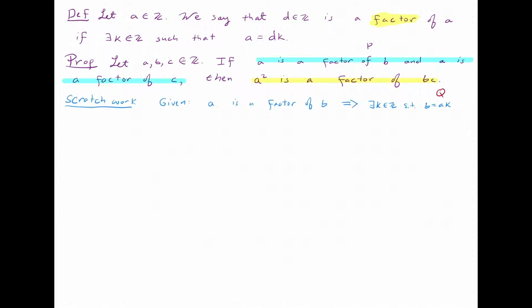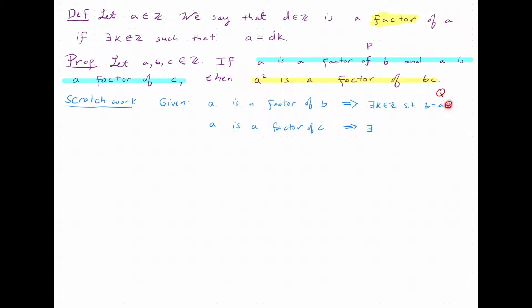We also have that a is a factor of c. And so now this tells us that there is some integer, but now we need to be careful. We've already reserved the symbol k for this factor here. If we use k again, it is unclear which k that refers to.